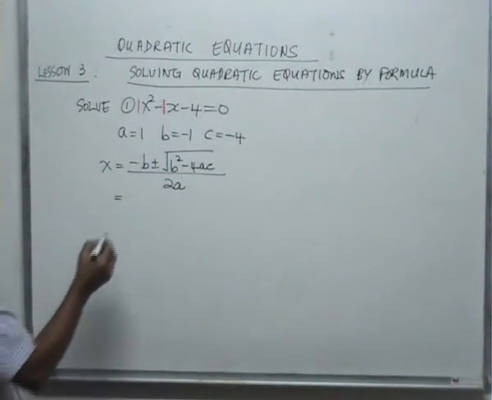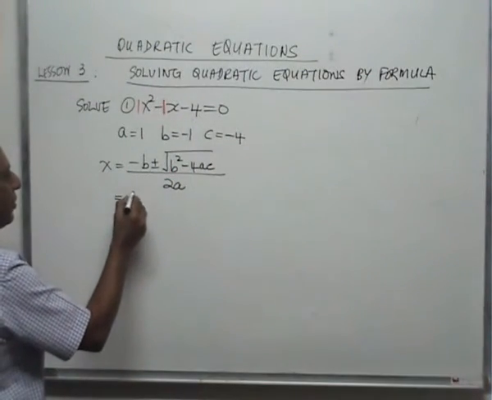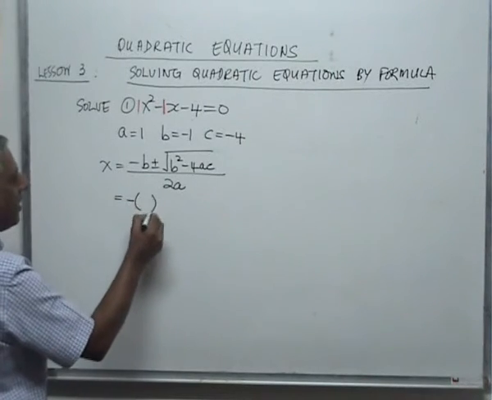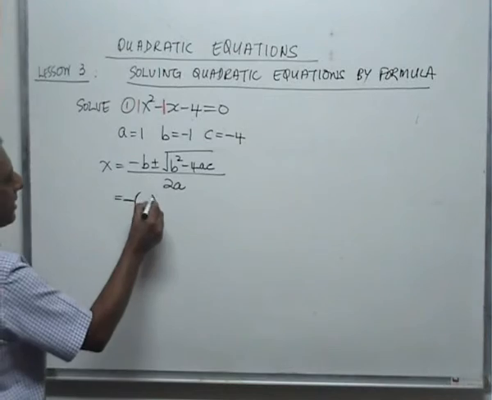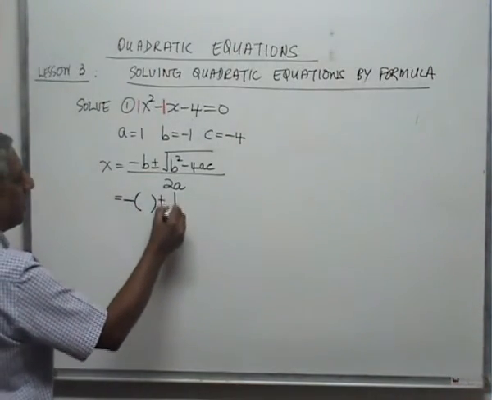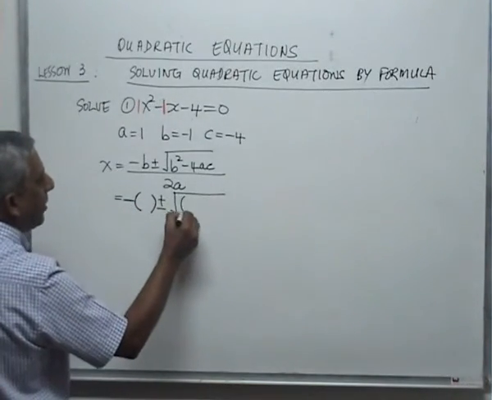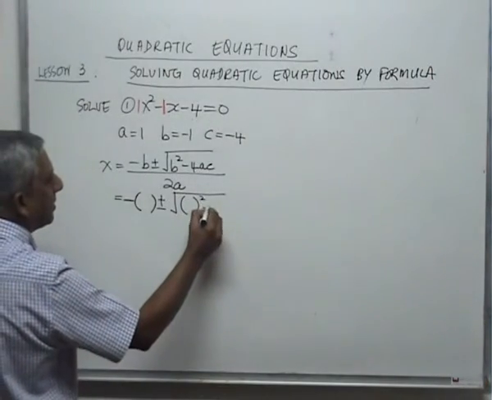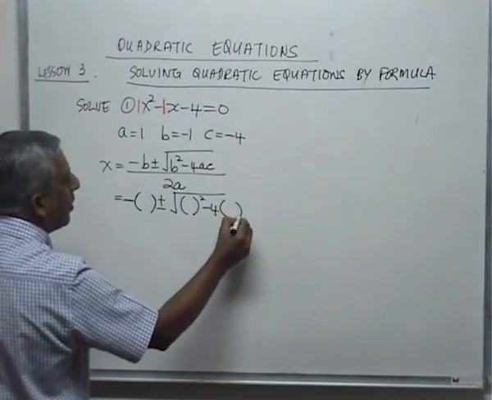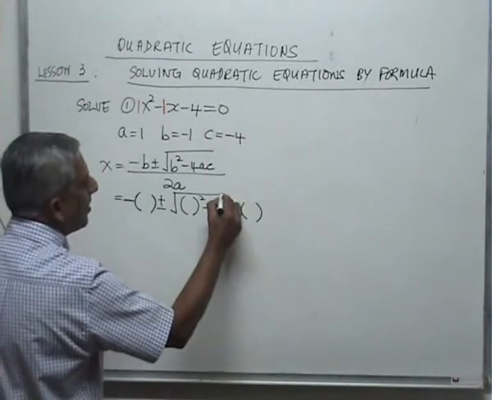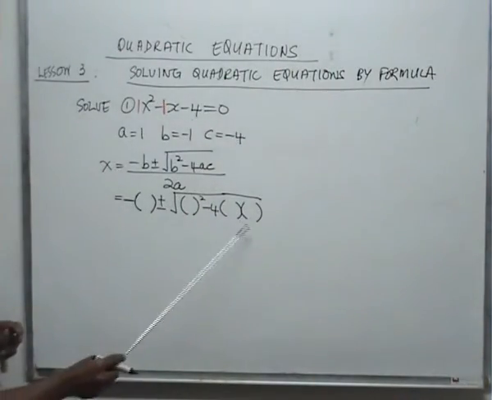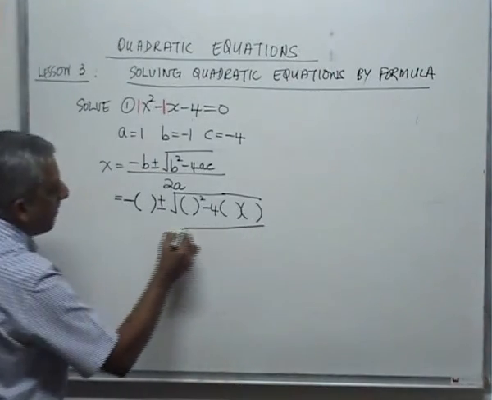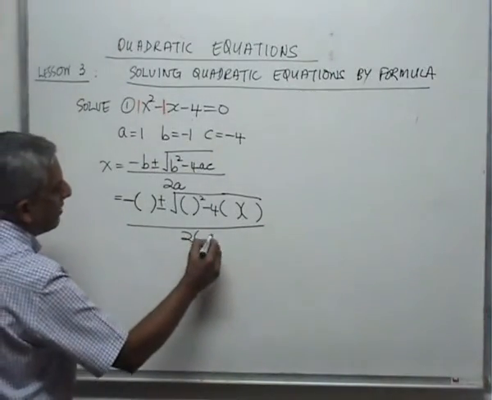Okay, now you're substituting. My advice to you, if you're substituting for b, write down the minus sign here, open the bracket like this, put on the square root sign, open the bracket like that, minus 4, open a bracket for a, open a bracket for c. I am suggesting you open your brackets like that. And then you've got 2 times a.